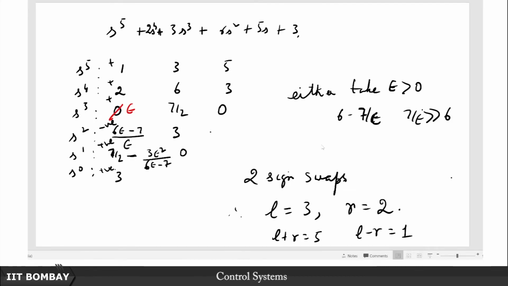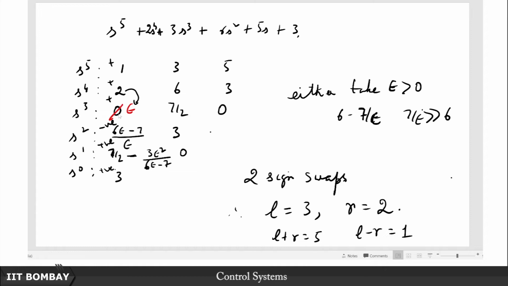So even if you had taken, for instance, epsilon to be negative here, you see the count of the sign swaps would not have changed. For example, if you had taken epsilon to be negative at this junction, then the first sign swap would have occurred here, right? And then at the next step, what would have happened if epsilon were negative? Then this would be some negative epsilon, no?